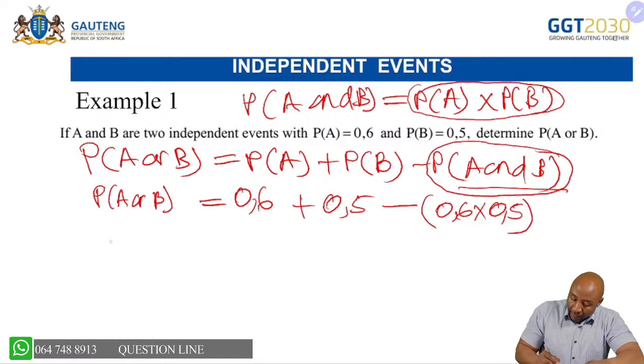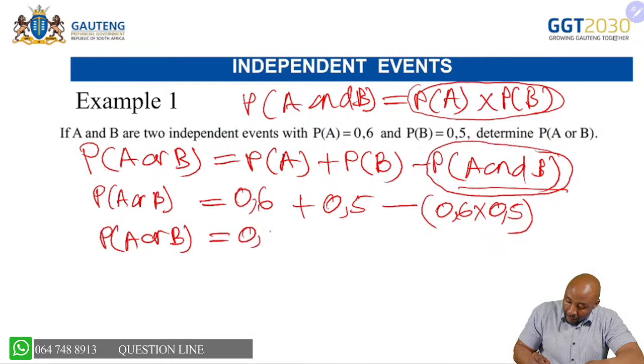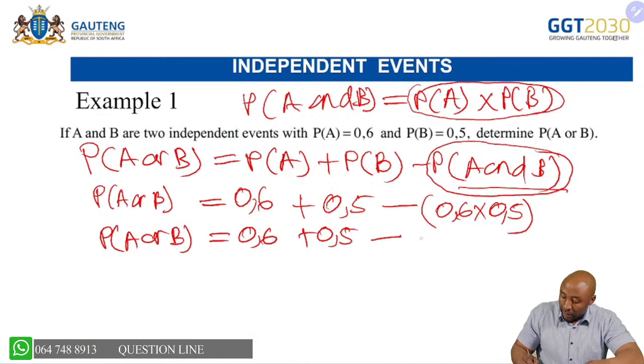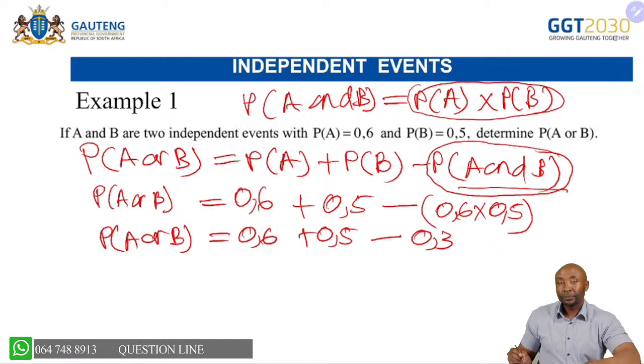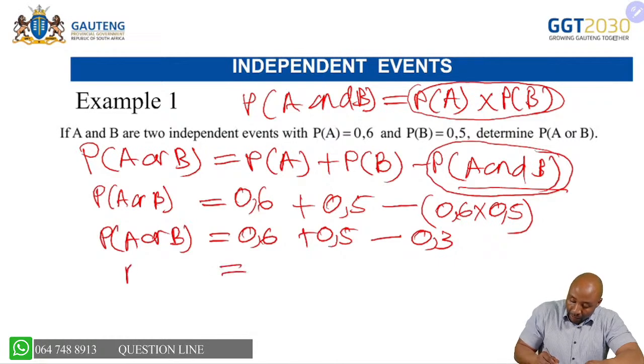In the end the probability of A or B is 0.6 plus 0.5 minus, if we multiply, 0.3, and effectively we'll get the probability of A or B as 0.8.